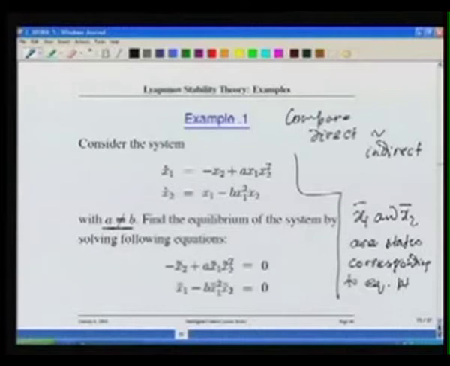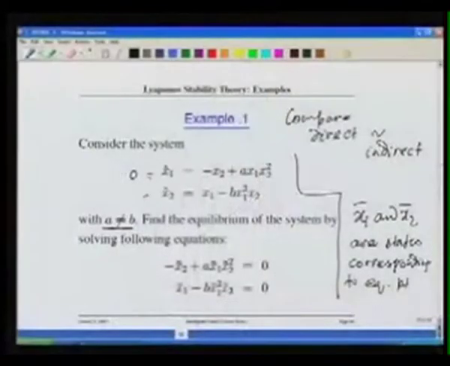If you put x 1 bar, x 2 bar here, then at the equilibrium point the dynamics becomes standstill, there is no dynamics, meaning this becomes 0, this becomes 0 at the equilibrium point.